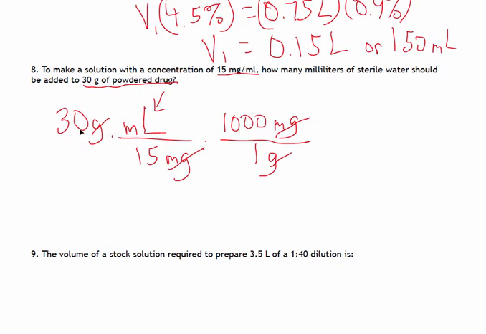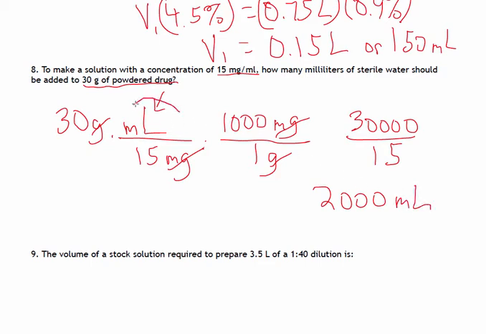So if we multiply straight across, 30 times 1,000 is going to give you 30,000. 15 times 1 on the bottom is going to give you 15. Divide that out and you get 2,000 milliliters, because that's the only unit we had left in the problem, will be the amount of water you need to add to the 30 grams of drug.